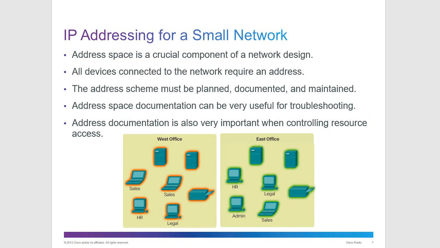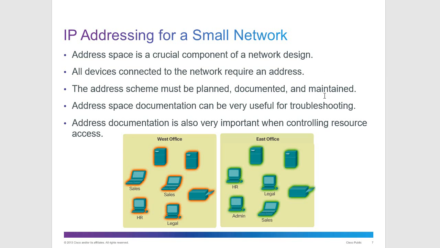We've talked about IP addressing and the importance of that for troubleshooting, for maintaining the network. So we've got some of those concepts revisited here. Address space is a crucial component of network design. All devices need an IP address, and your addressing scheme should be planned out carefully, documented, and maintained.